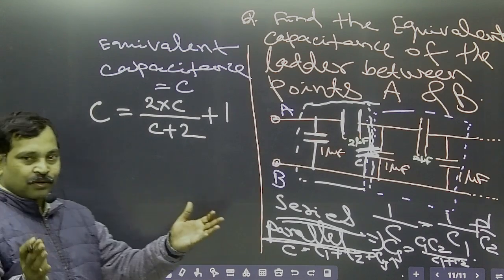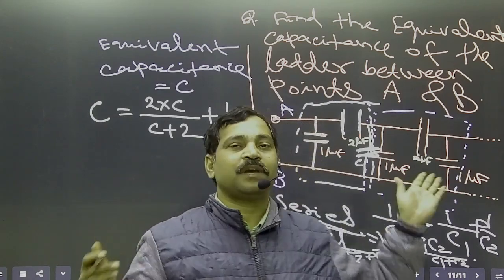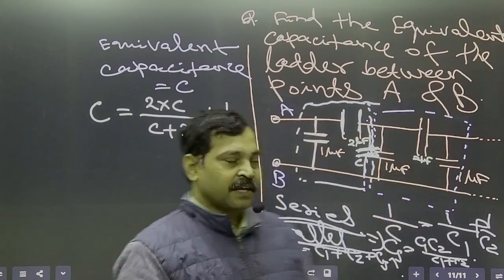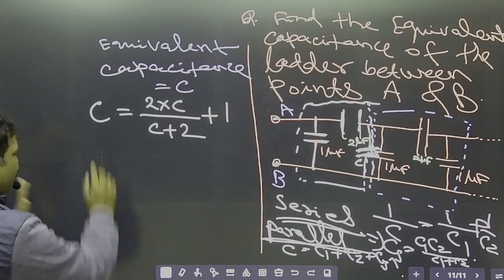Now the total equivalent capacitance will be C. The section we have considered will also have this total capacitance, so this is equated. Now we can solve this one.